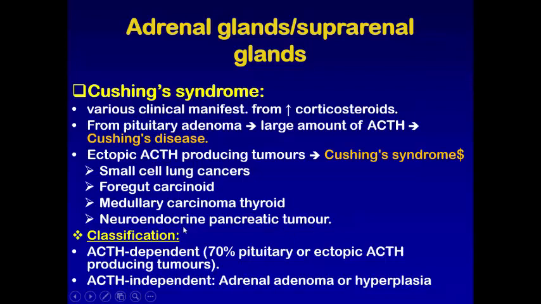So we classify Cushing syndrome into ACTH dependent and ACTH independent. ACTH dependent: 70% from pituitary adenoma and the rest from ectopic ACTH producing tumor. And ACTH independent is either due to adrenal adenoma or hyperplasia.